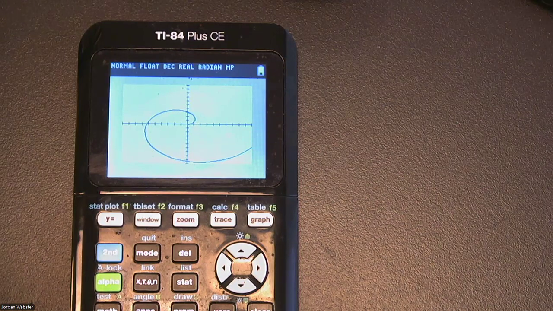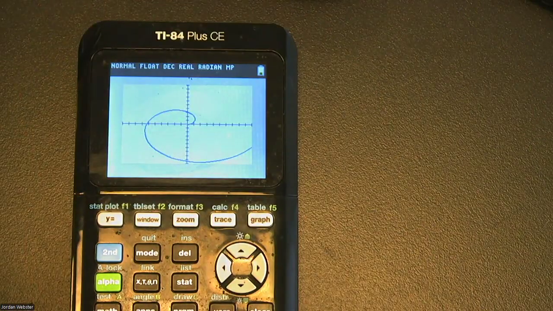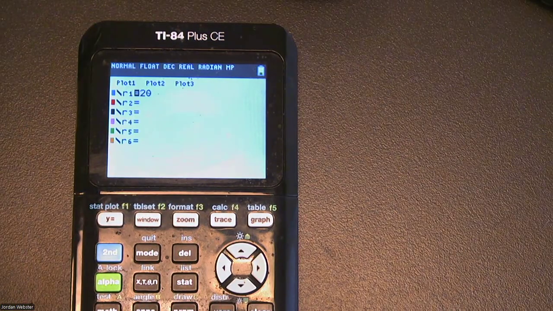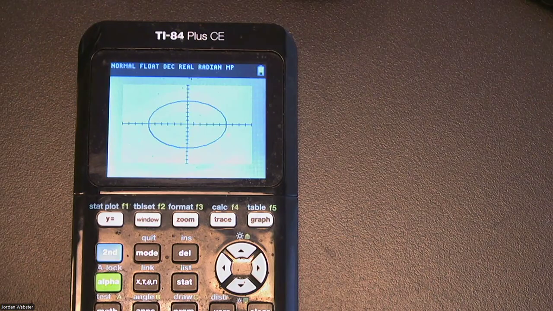I'd have to zoom out, but it'd go further. If I want to do r equals 6, graph that. We already know what that should look like. That should be a circle of radius 6. That's what we get.